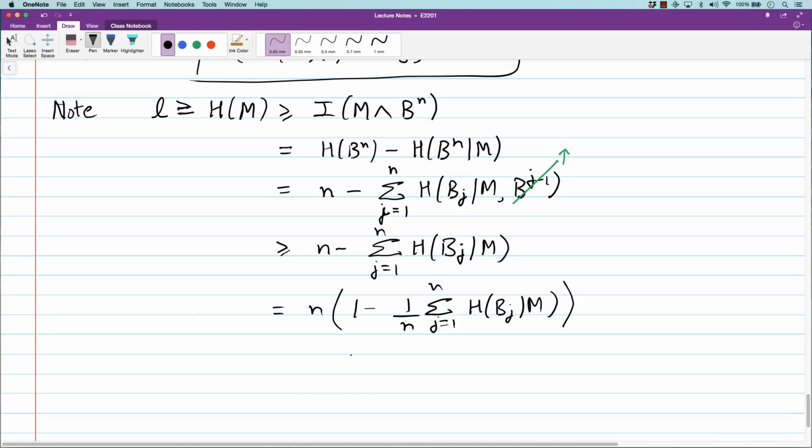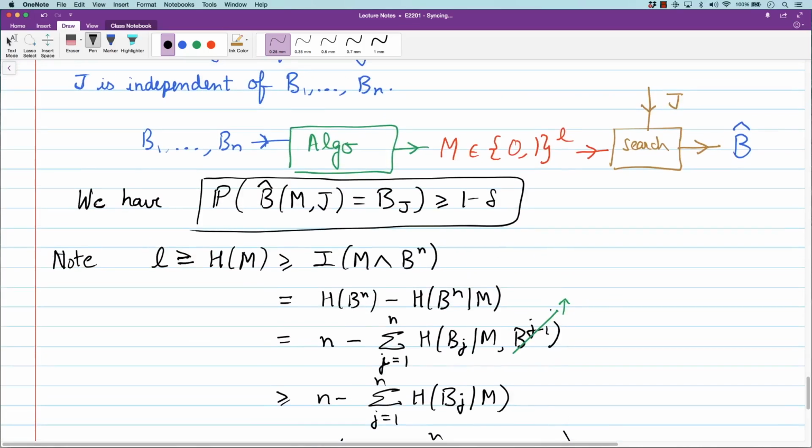Now what can we do about this term here? Remember, j was uniformly distributed from 1 to n. So this looks like the distribution of j, and this looks like the distribution on b_j given j. This is exactly equal to H of b_j given m comma j. Note that j was independent of m. This query that was made is independent of what you stored in the memory.